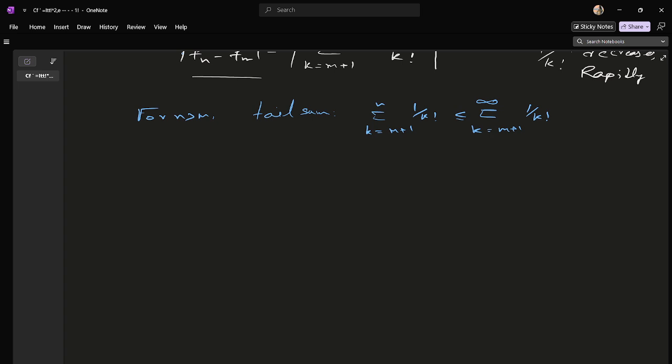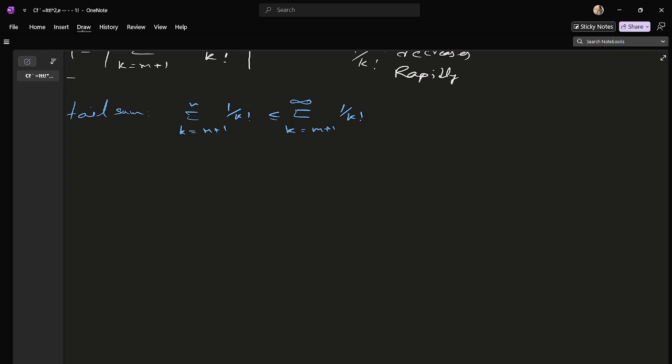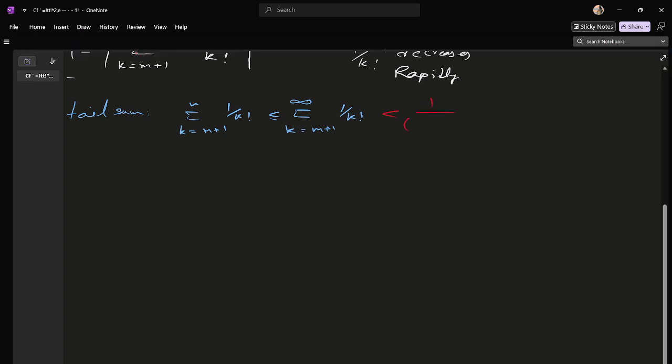This sum can be bounded by noting the following. This term can be bounded by 1 by m plus 1 factorial, then 1 by m plus 2 factorial, and so on.